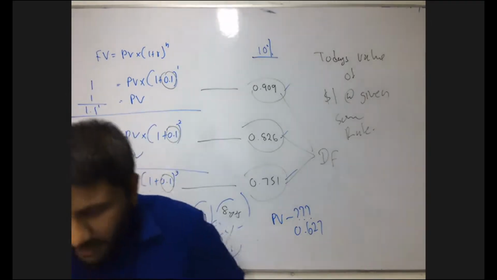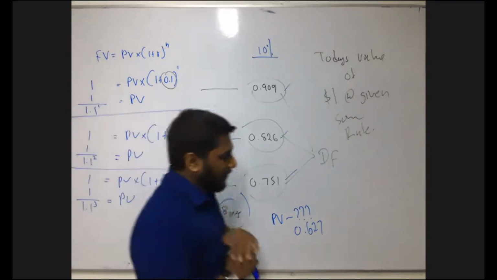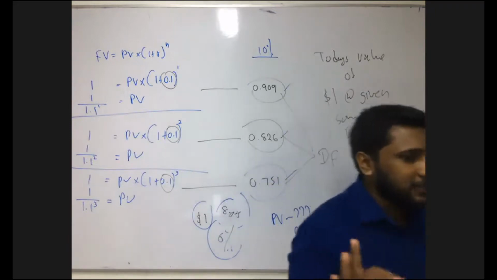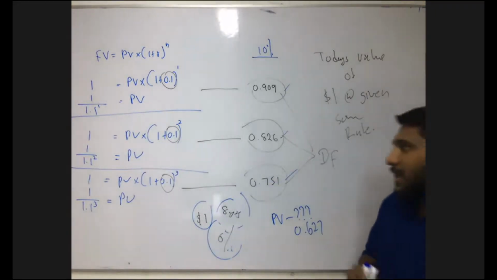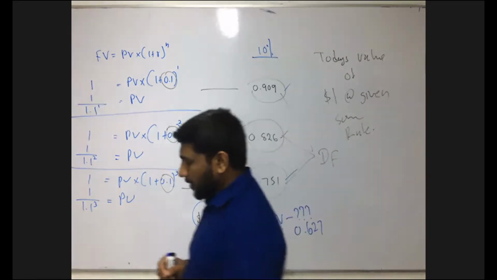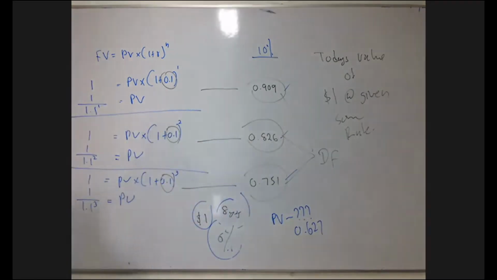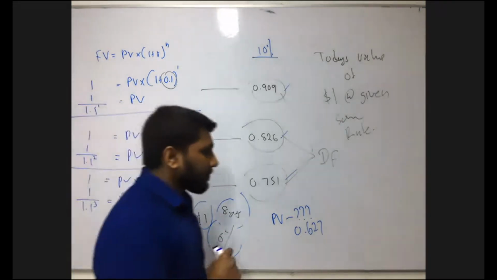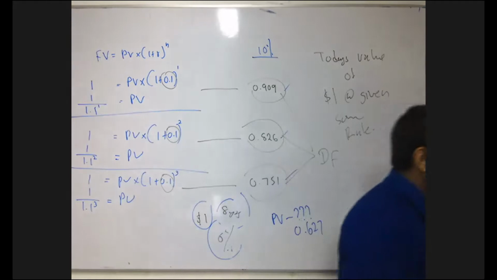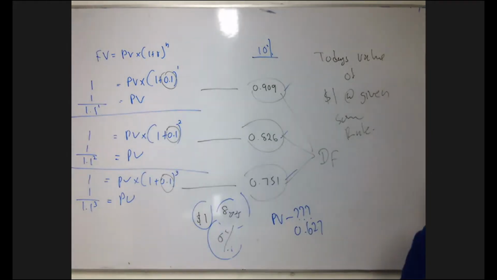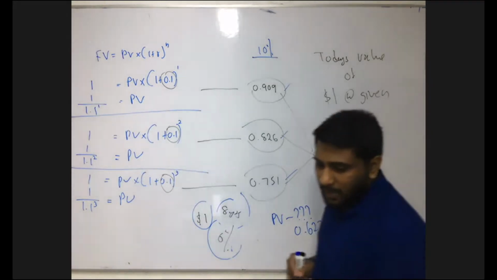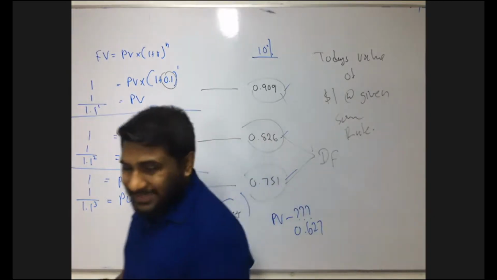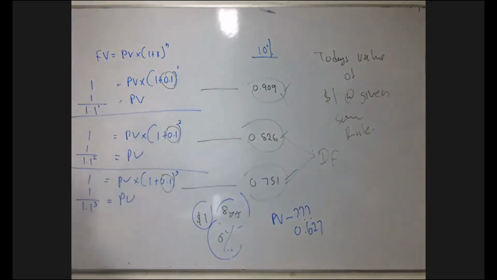Okay. Write down this question, everyone. Mr. A expects to get 10,000 US dollars in another 4 years' time. The rate is 10%.